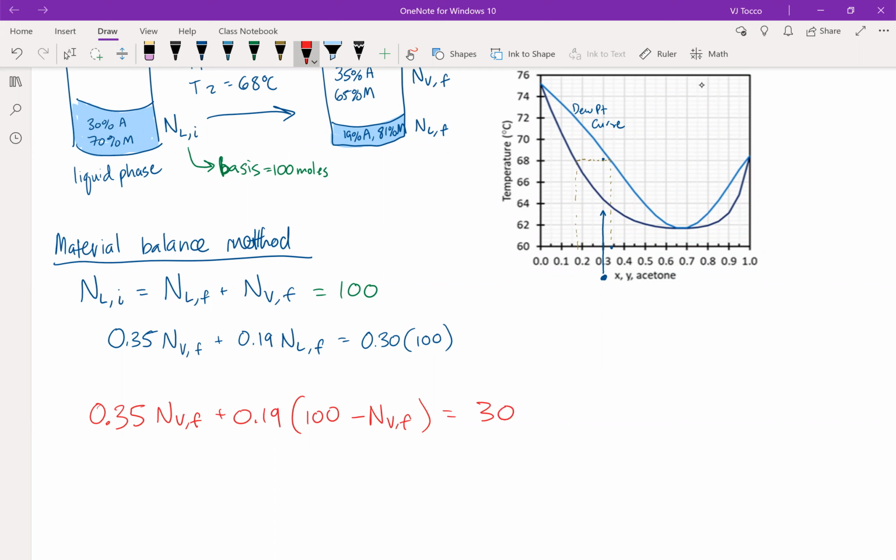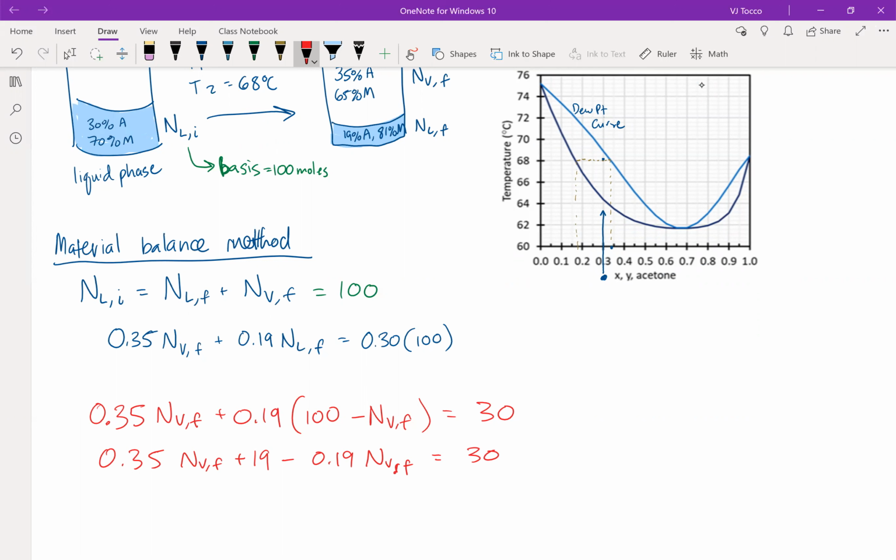And then solve that. So 0.19 times 100 is 19, minus 0.19 NV final equals 30. Okay, solve this.